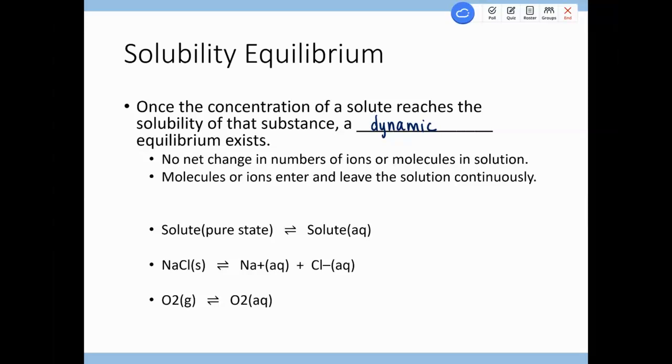exists. So we talked about dynamic equilibrium when we were talking about vapor pressure, or if you have a liquid in a beaker, there is also vapor pressure, which is gaseous particles of that liquid. So it's not a liquid, it's a gas right above the surface of the liquid.